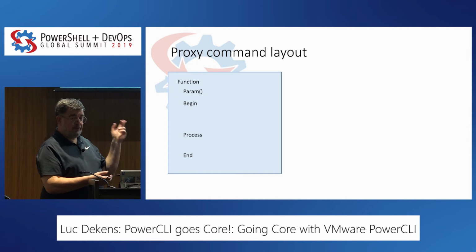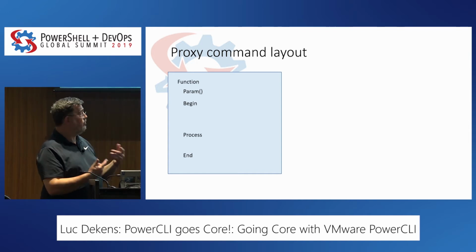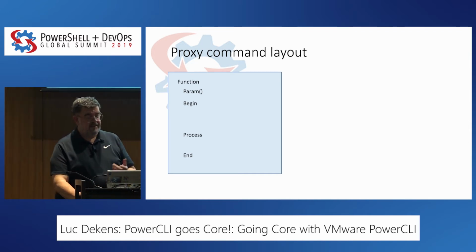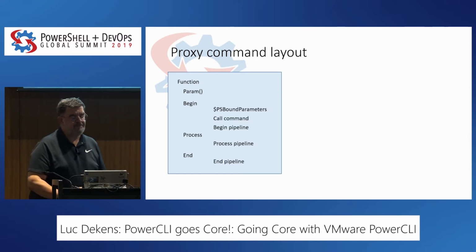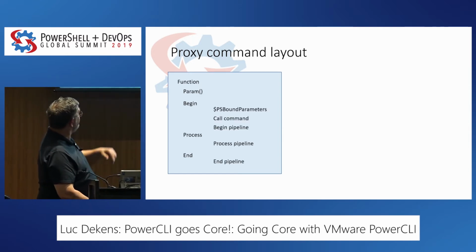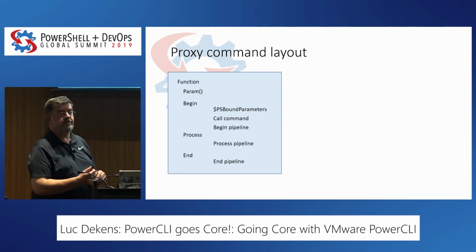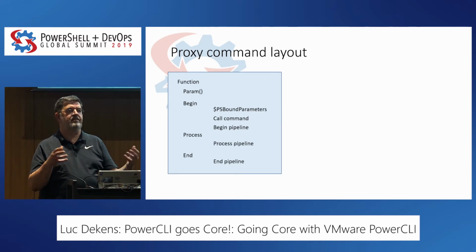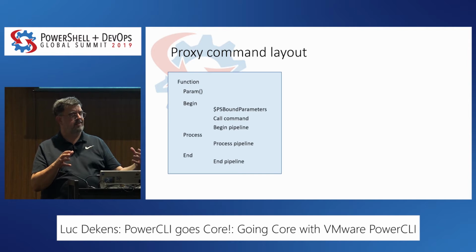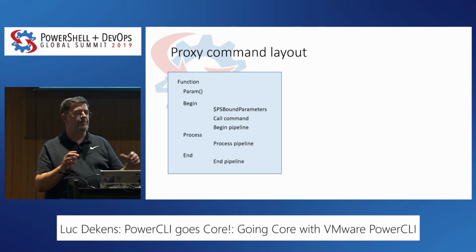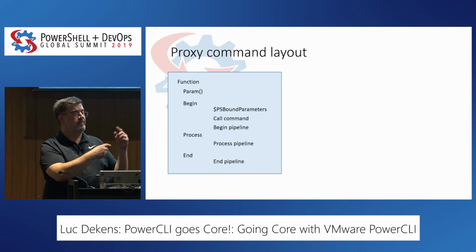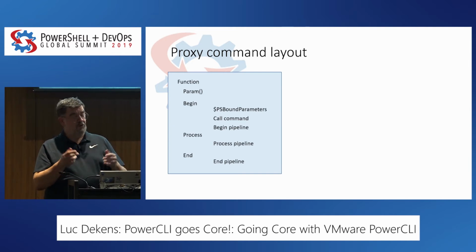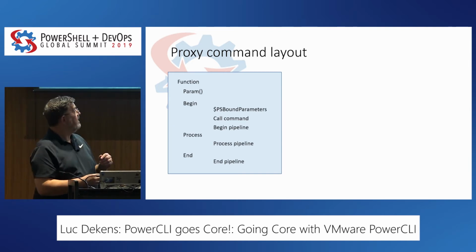You will have a begin, process, and end block. The good thing here is that the code is normal PowerShell code, so you can intervene. For example, in the begin block there is this PSBoundParameters, which, to simplify, is an array containing all the parameters that you passed to the commandlet. So you can go in there and add, remove, or change parameters.